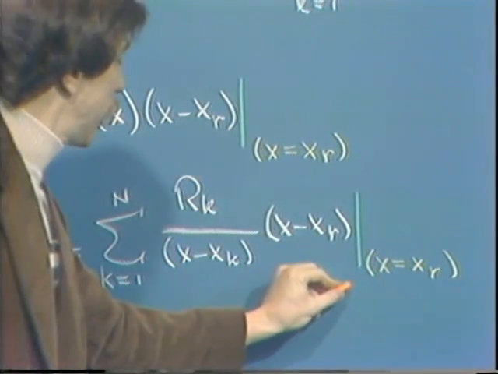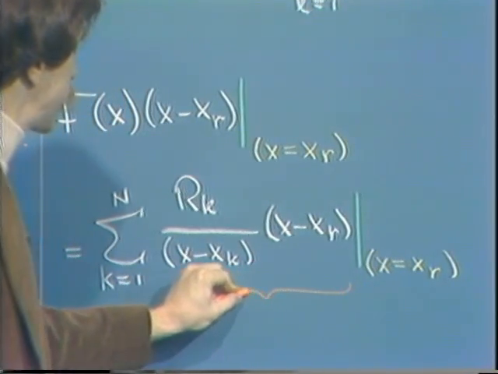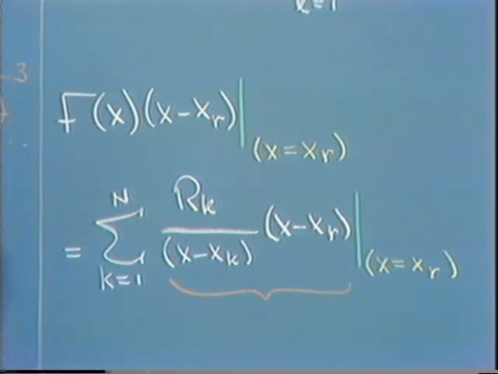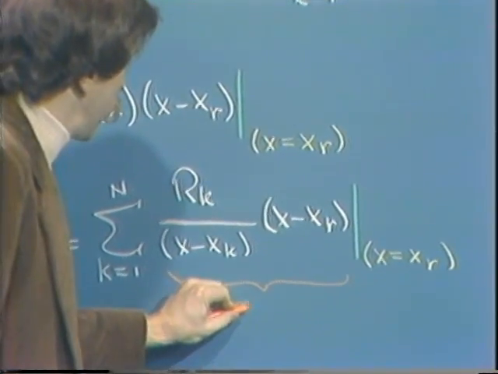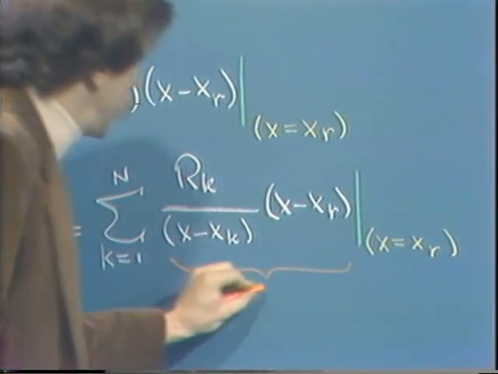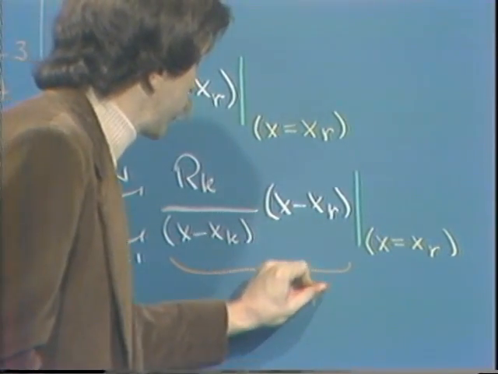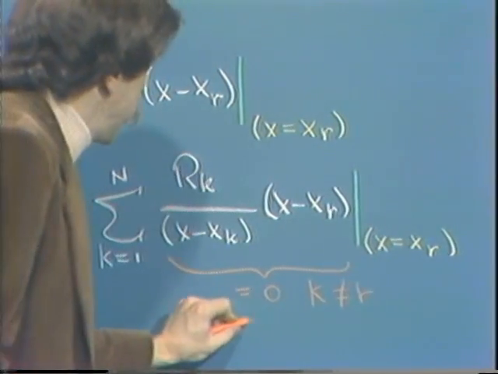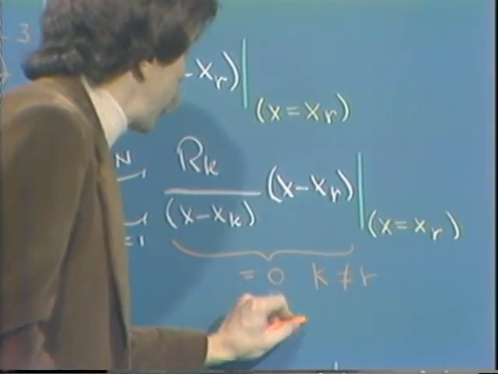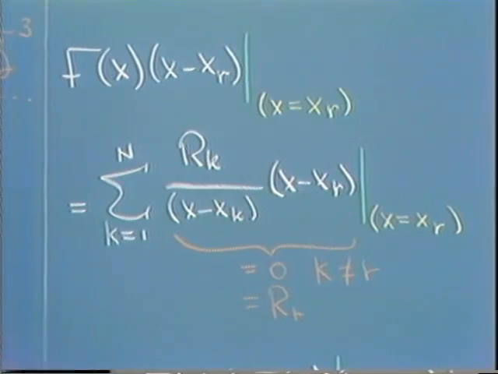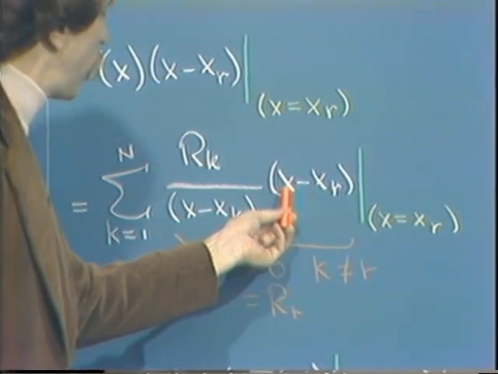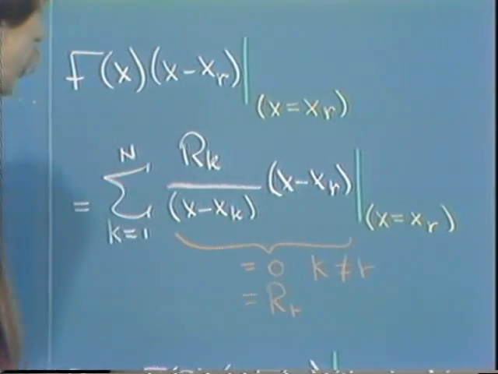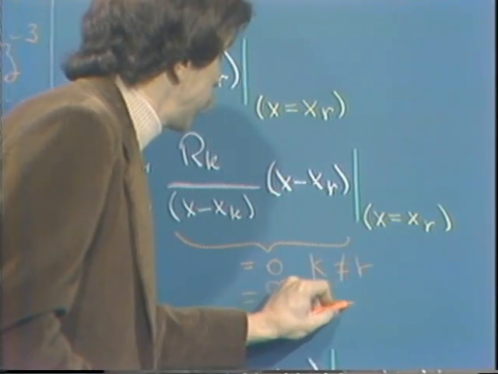So basically, the term inside this sum is equal to 0 for k not equal to r, and it's equal to capital R sub r, that is the residue at the pole x equals x sub r, when k is equal to r.